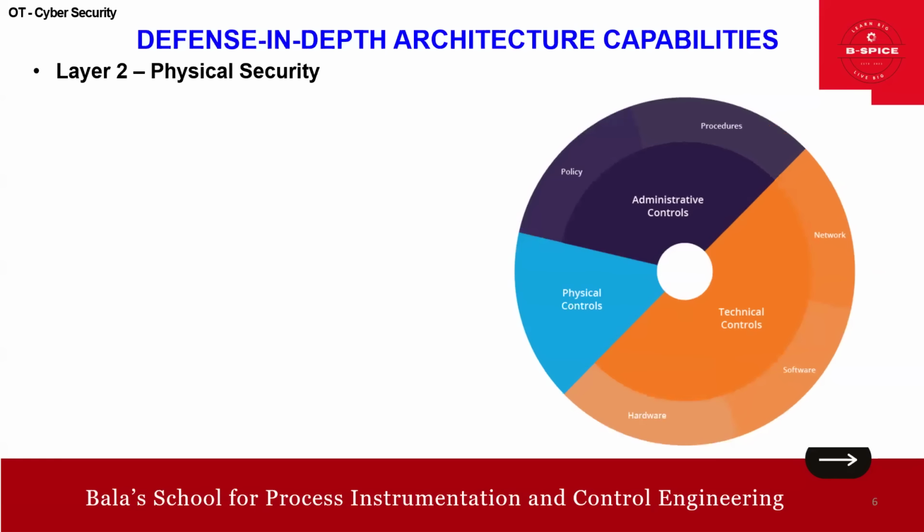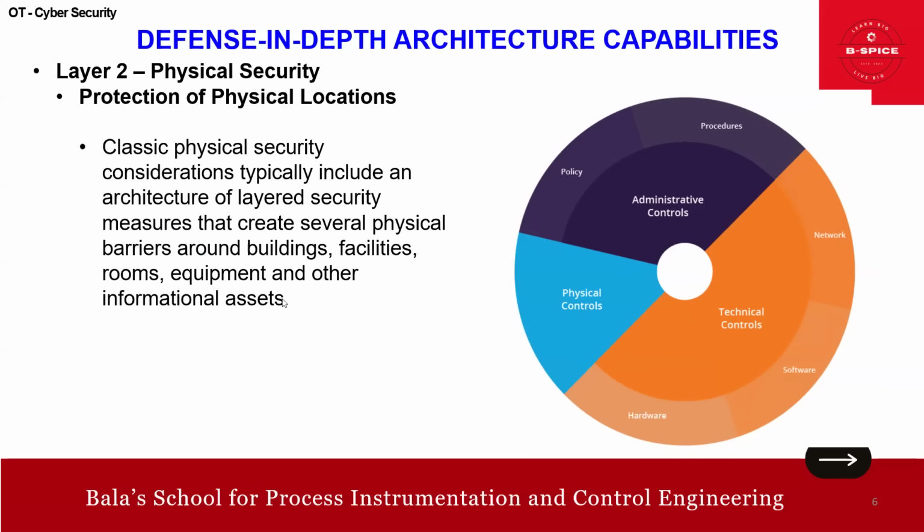Okay. The first one in physical security is the protection of the physical location itself. Classical physical security considerations typically include an architecture of layered security measures, an architecture that creates several physical barriers around the building, facility, rooms, equipment, and other informational assets.